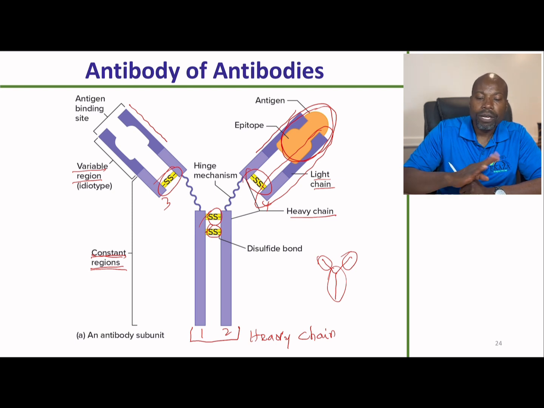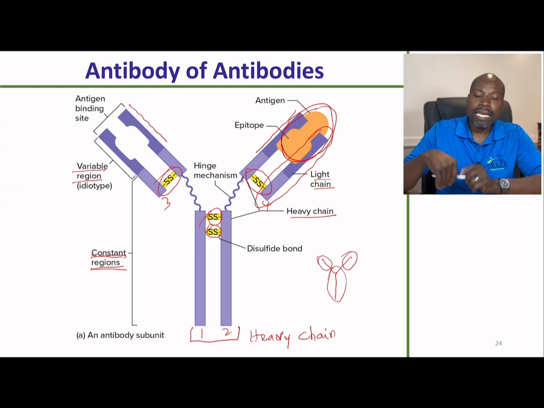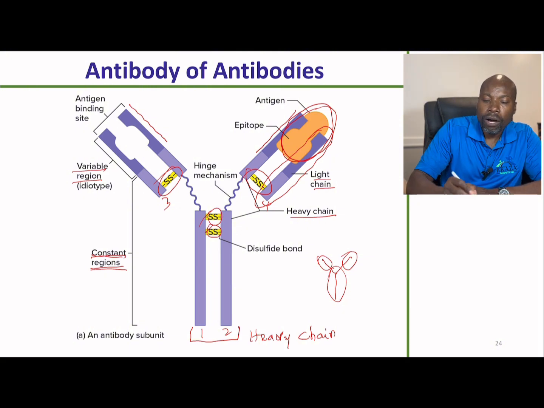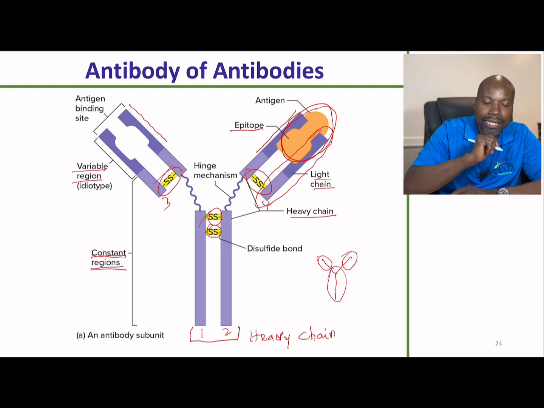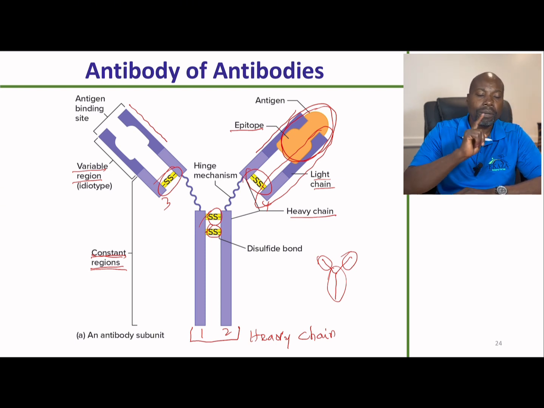So, now, with that being said, the area where the antigen is binding is going to be called the epitope. Actually, no, the epitope is the area of the antigen where the antibody is binding. There we go. Let me repeat that.